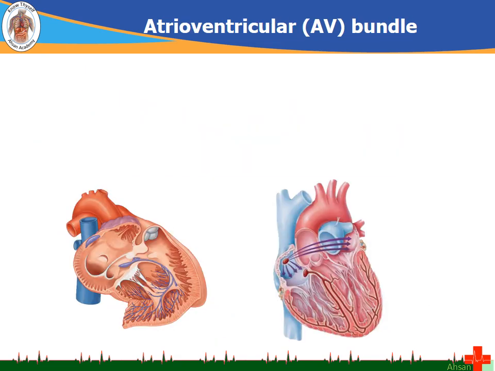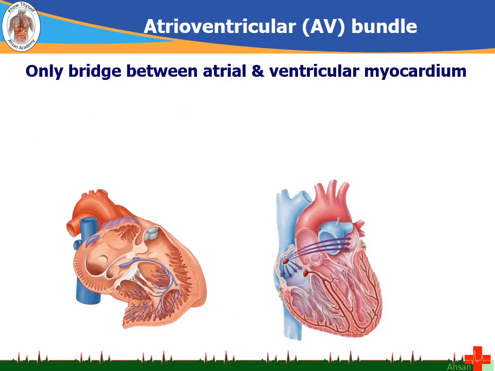Previously we discussed that a connective tissue skeleton is there, and this fibrous skeleton separates the atrial muscle from the ventricular muscle. So the electrical impulse cannot be conducted through the cardiac muscles because of this barrier.